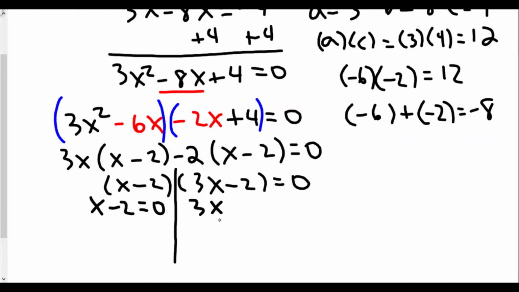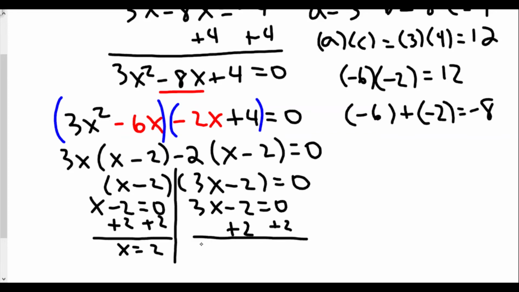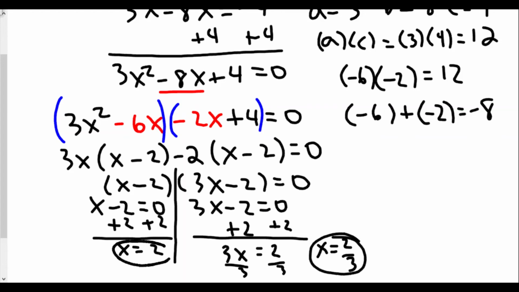For the first one, we add 2 to both sides, and we get x equals 2. For the second one, we add 2 to both sides, you get 3x equals 2, divide both sides by 3, x equals 2/3. So our answers are x equals 2/3 or x equals 2.